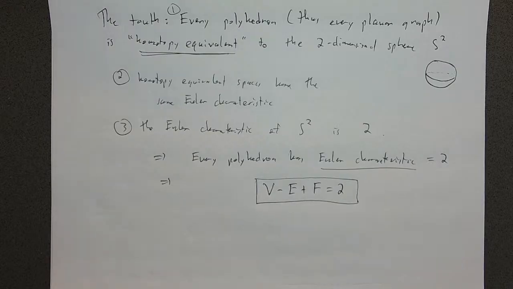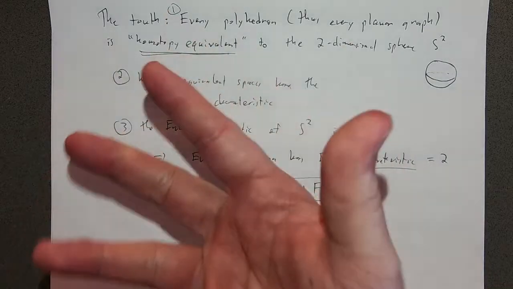Given two random spaces, I'm not going to give the definition of homotopy equivalence because it would take too long to define. But basically, it's very, very hard to say whether or not they're homotopy equivalent. If they're not, you would need to show that the certain map you would need is impossible.